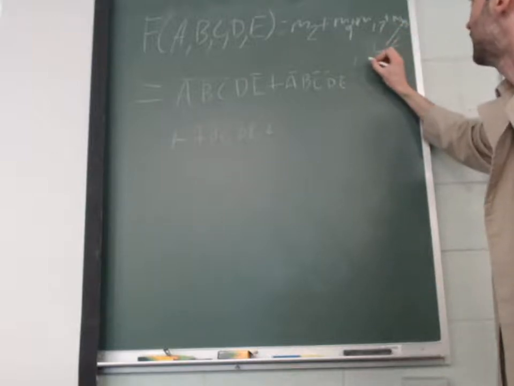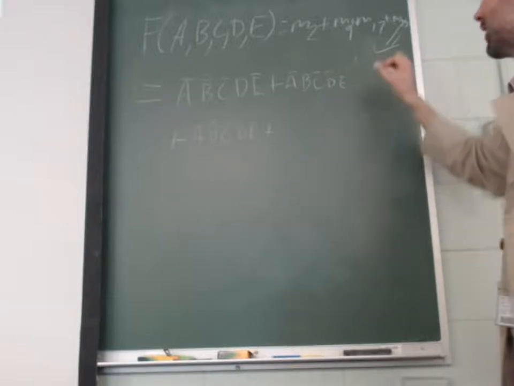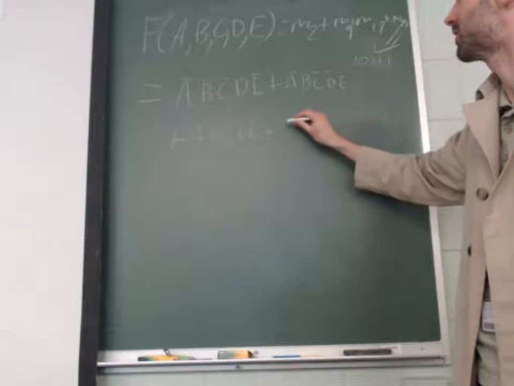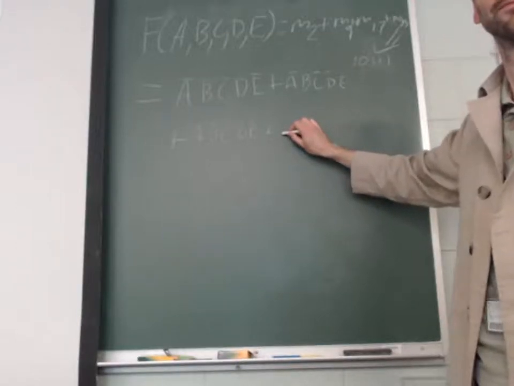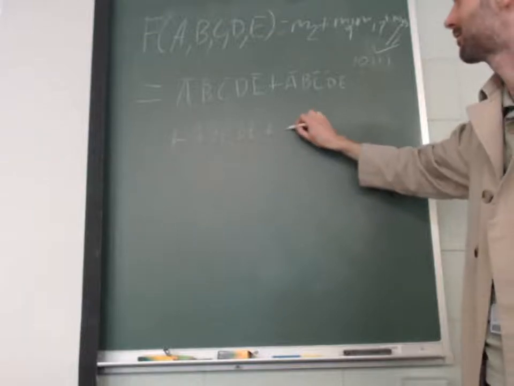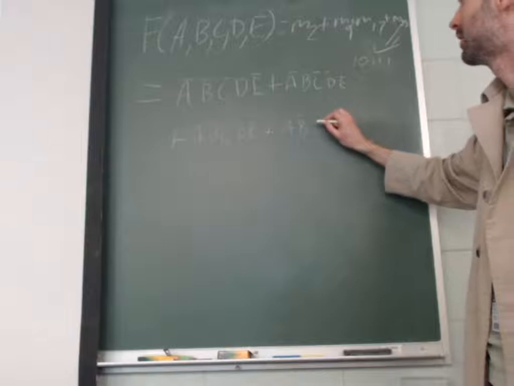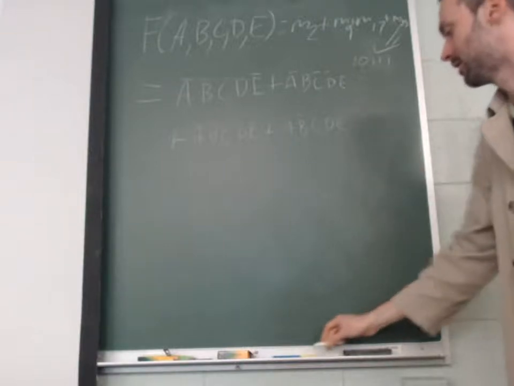And that will be 16. Do we need to add 8? No, you're actually adding 7. So it is A, not B, because that's the 0, C, D, E.